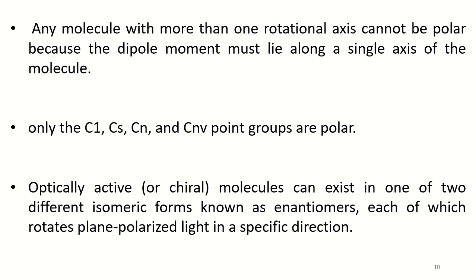In order for a molecule to be optically active, its optical isomers must consist of non-superimposable mirror images. This will occur if the molecule has no other symmetry besides the identity element or a proper rotation.